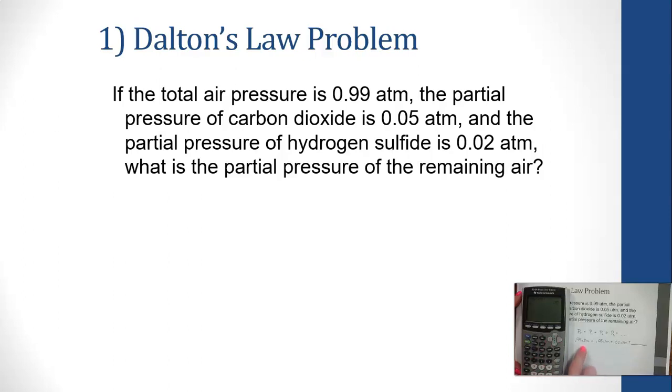I know my total pressure is 0.99. If I'm trying to find that, I'm going to subtract 0.07. So 0.99 minus 0.07 is 0.92 atmospheres. That is equal to the remaining air.